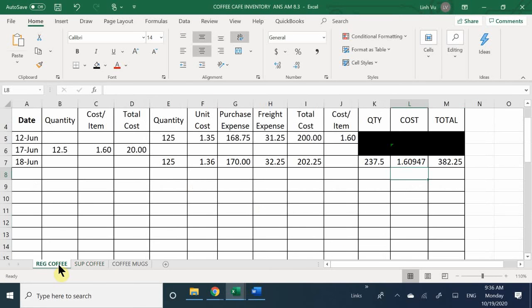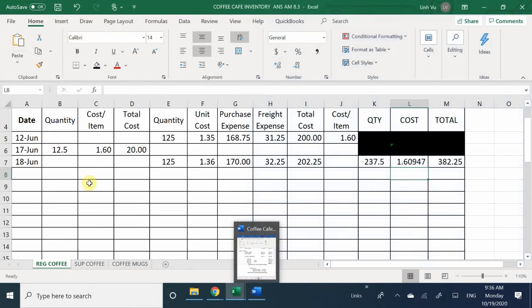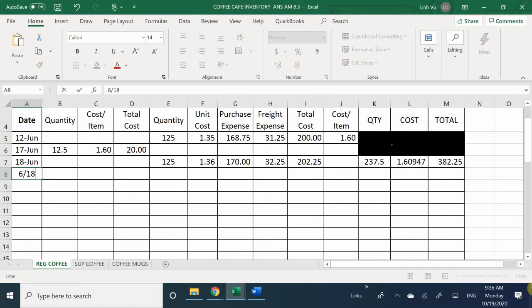All right, so regular coffee. How many pounds did I use in the store? 13.5 pounds. So I'm going to go here for June 18. All right, I used 13.5 pounds.